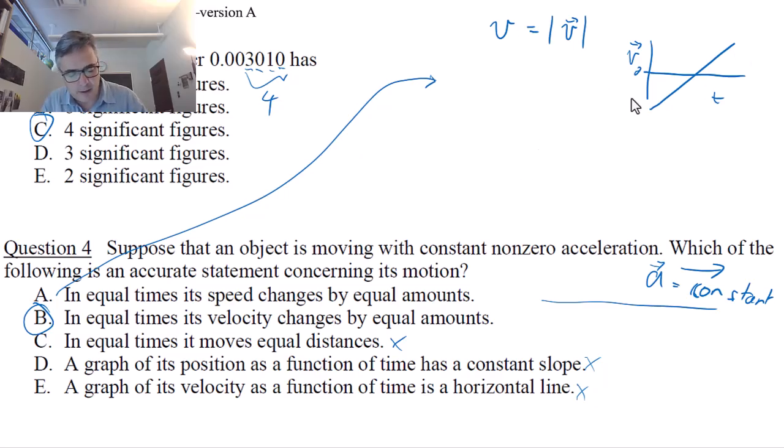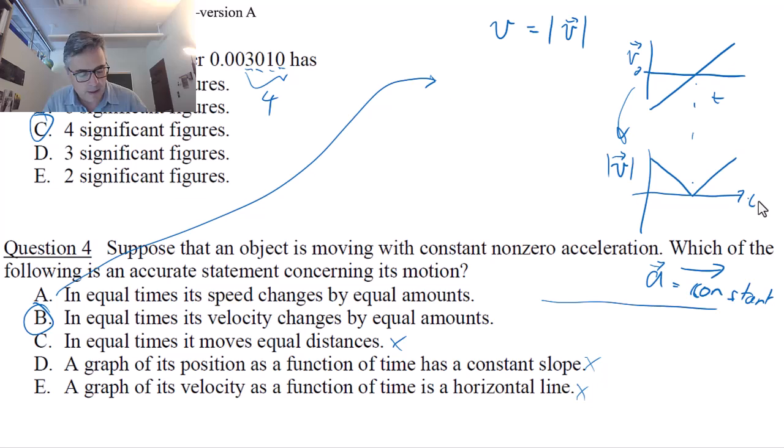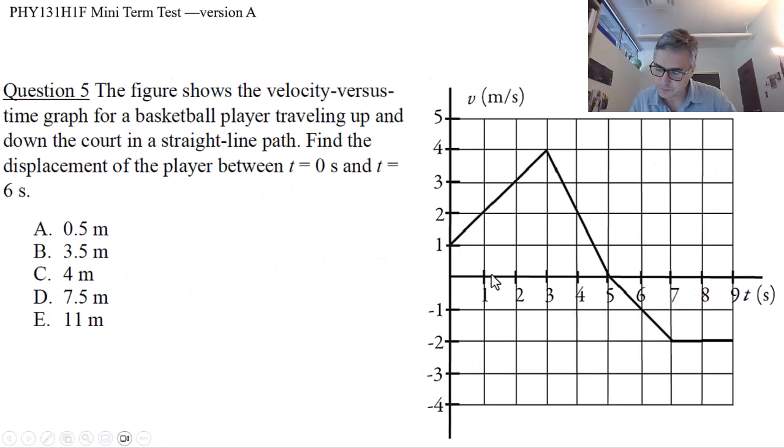If you look at the absolute value of that, then it looks something like this. It goes down, hits a 0, so it slows down, and then speeds up. So this speed is decreasing from here to here, doesn't change at all, then it's increasing. So different time intervals have different changes in speed. That is why A is wrong.